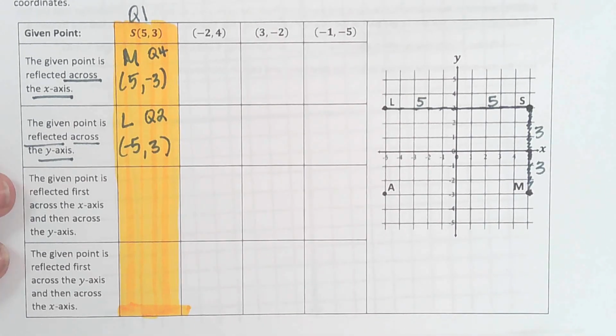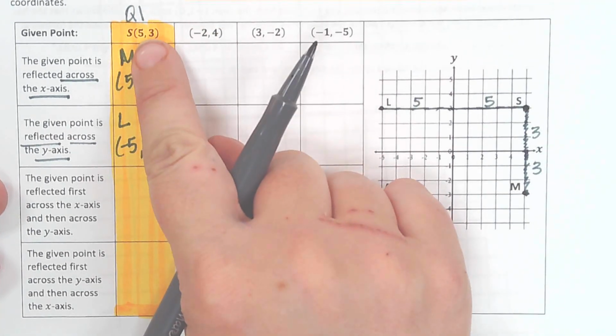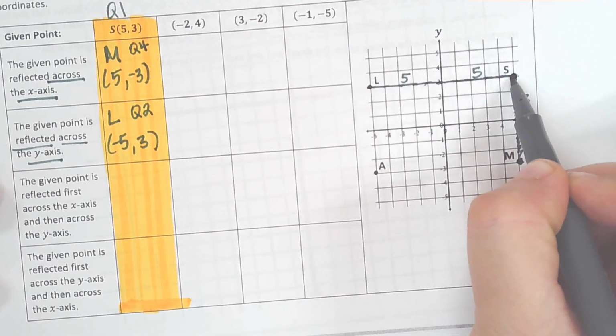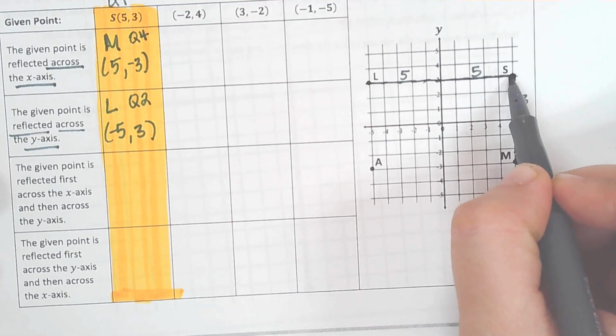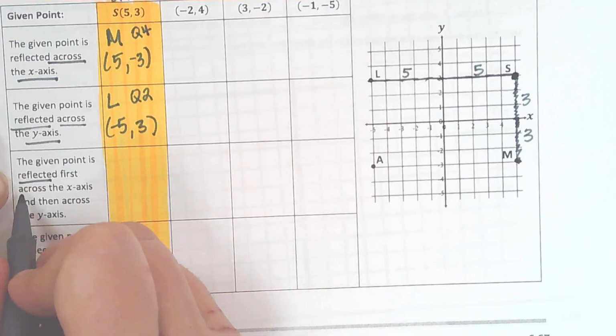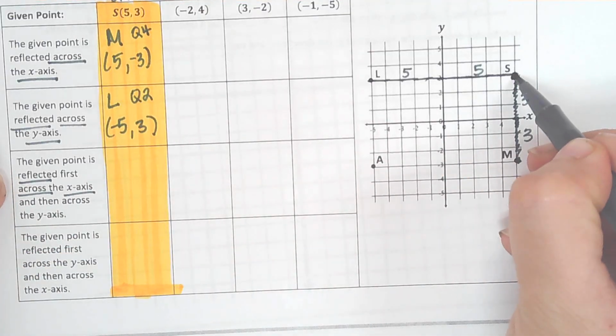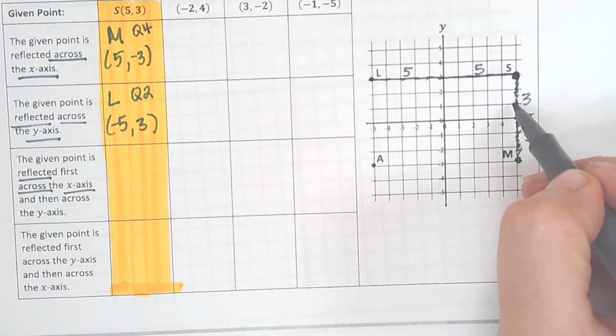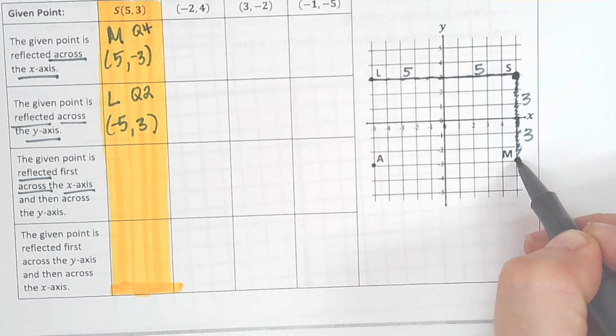Now, if I look at my next one, everybody start back at S. Put your pencil point on S. My first direction here says reflect across the X. Well, we already did that. I cross the X, and what letter am I at?